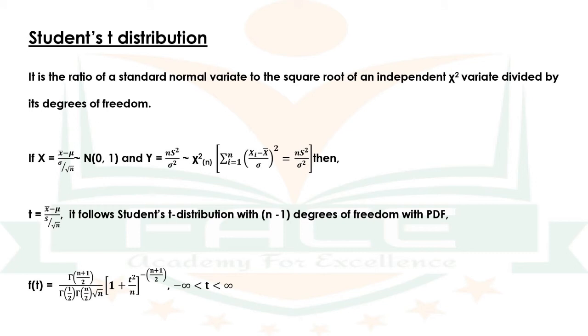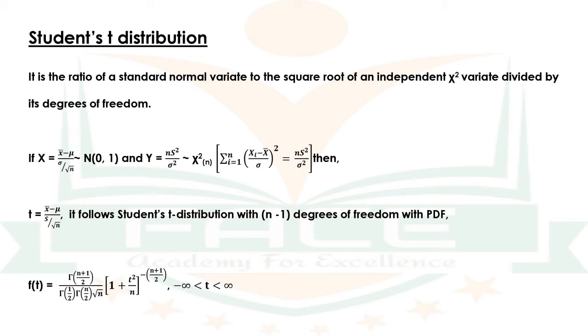Next, let's see what is Student's t distribution. Student's t distribution is the ratio of a standard normal variate to the square root of an independent chi-square variate divided by its degrees of freedom.